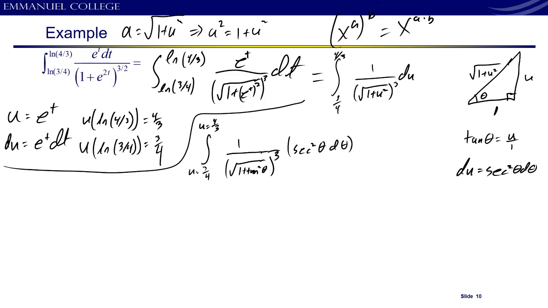And so 1 plus tangent squared is secant squared.